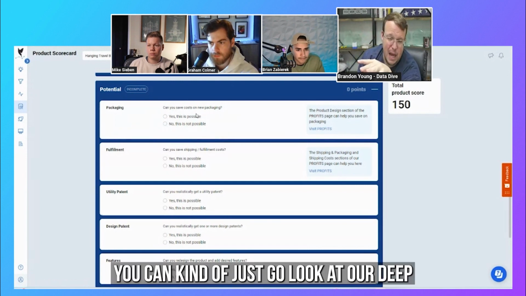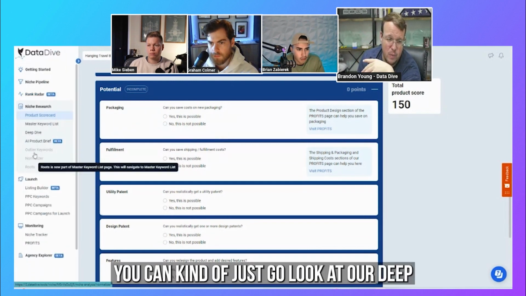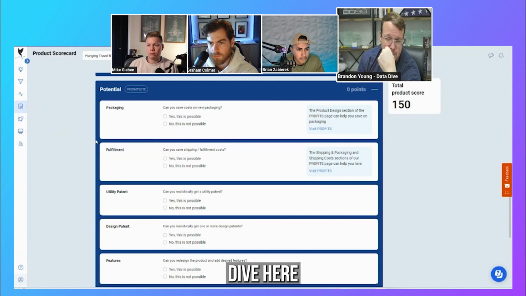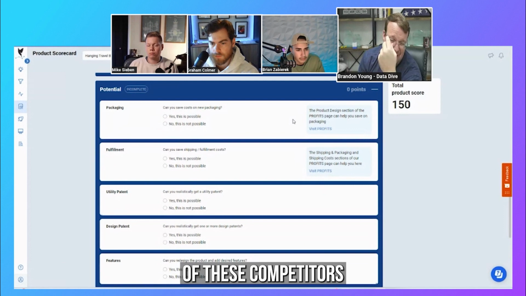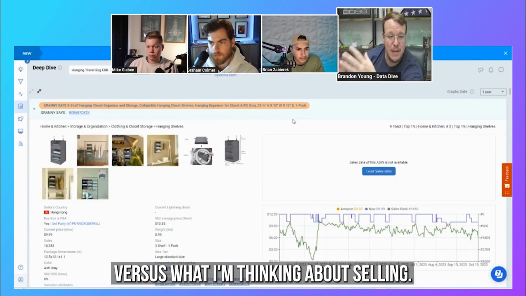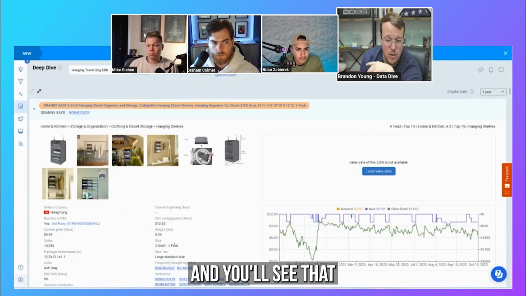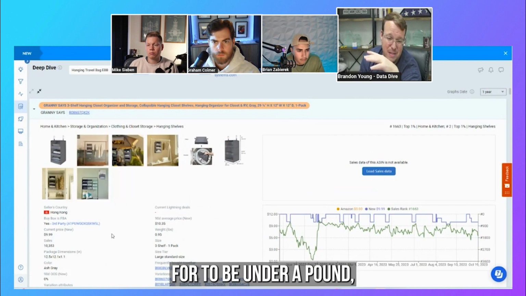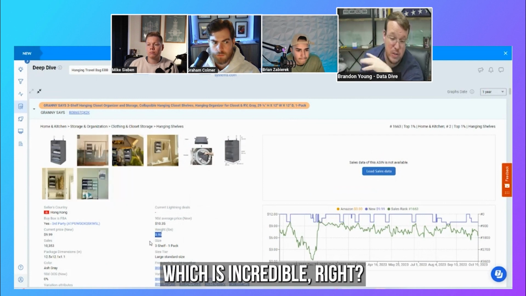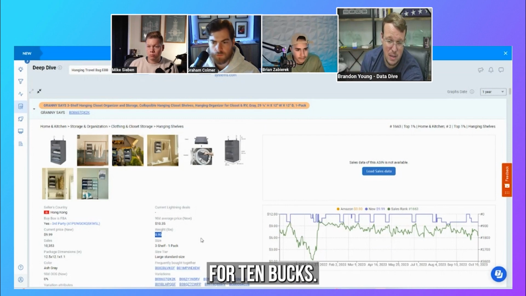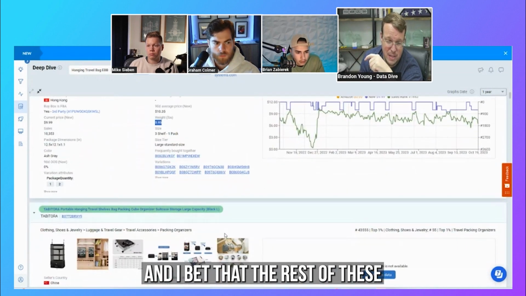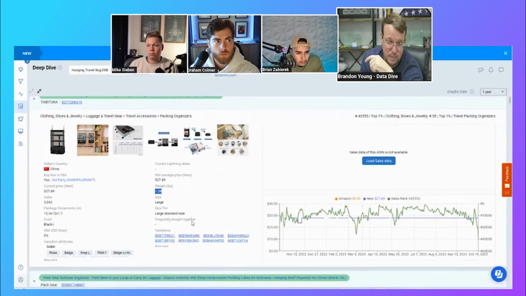But in the meantime, you can go look at our deep dive here and really understand what the weight and dimensions of these competitors are versus what I'm thinking about selling. And you'll see that these guys have optimized to be under a pound, which is incredible, right? Which is why they can sell it for $10. And I bet that the rest of these guys are over a pound.